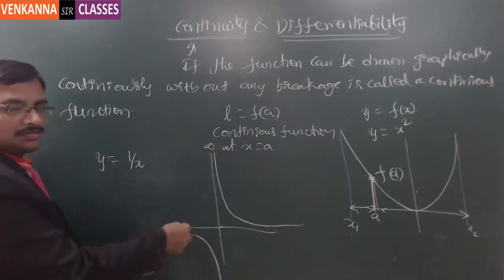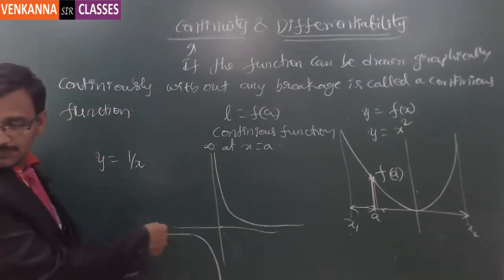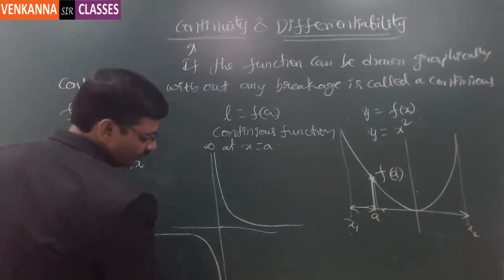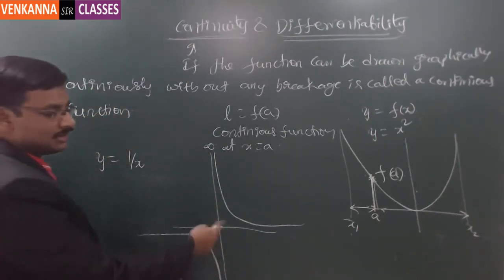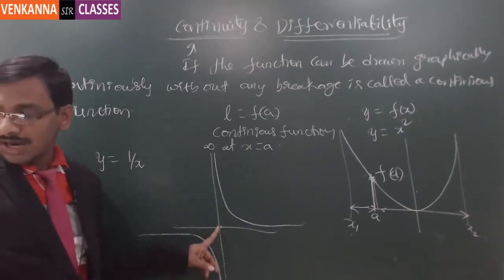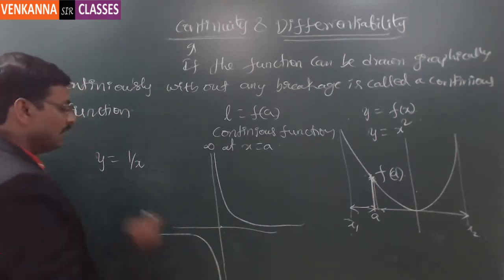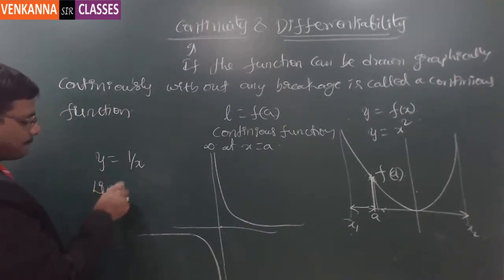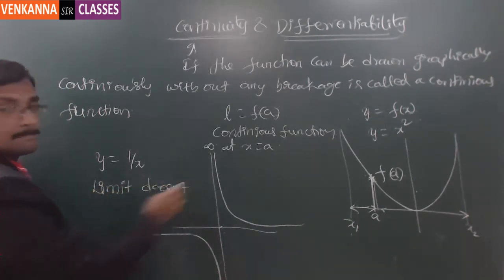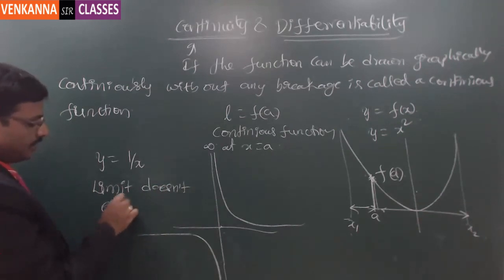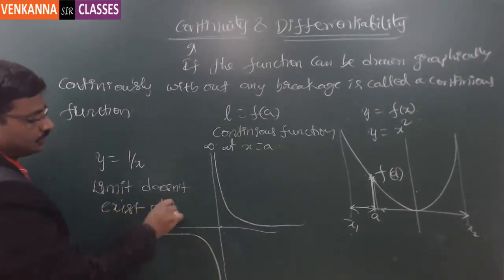Immediately on the left side, the function value comes out to be minus infinite. Then the left side value and right side value do not match at x is equal to 0. That means the limit doesn't exist at x is equal to 0.